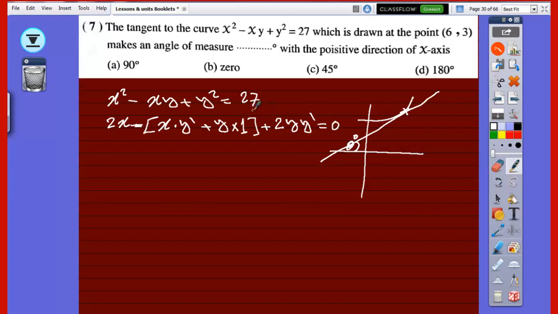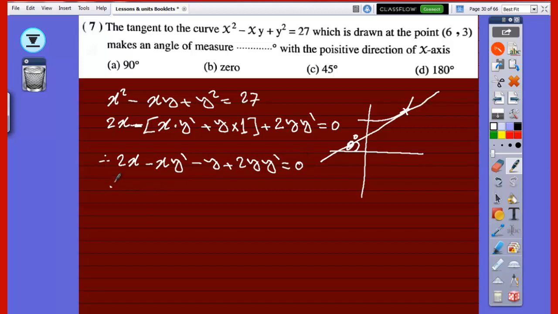Derivative of 27 is 0. So we have 2x - xy' - y + 2y y' = 0.